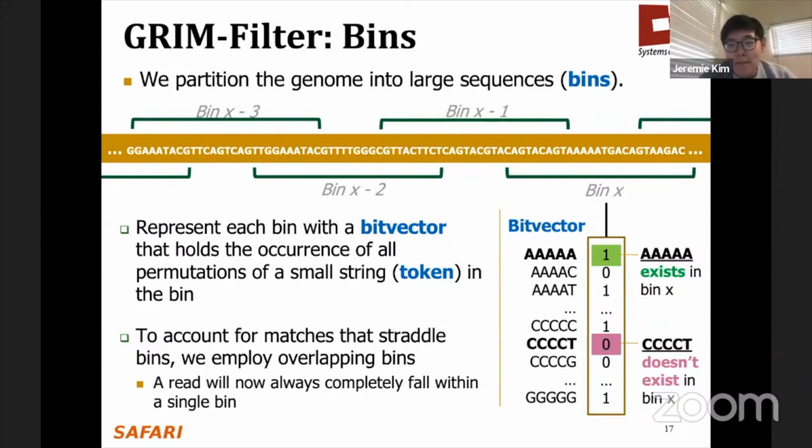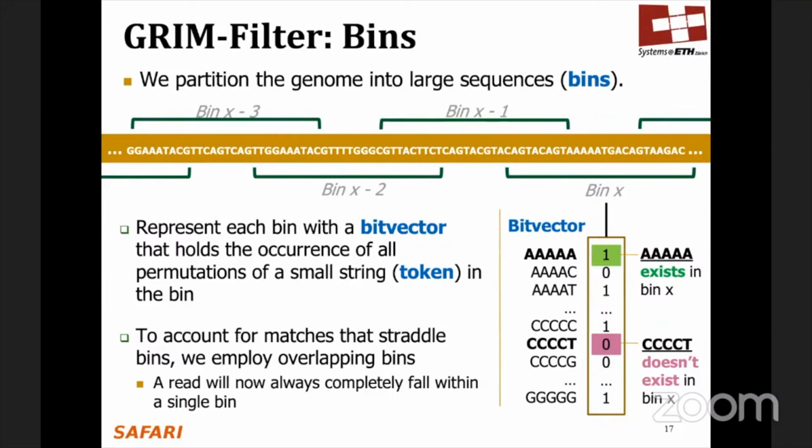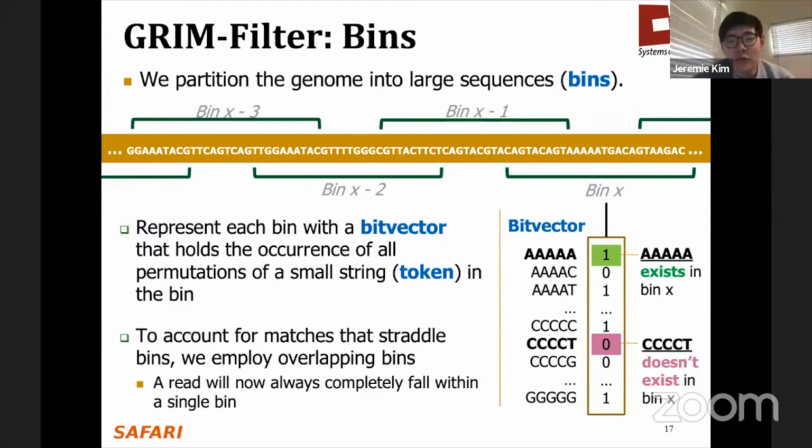I see. Do you think you should build another bit vector to consider the complement of the strand, or maybe you can find a simple hack? Yeah, so I would say the easiest way to adjust that is, for every single read, to just reverse complement the read and then map it as well. And then it should work.